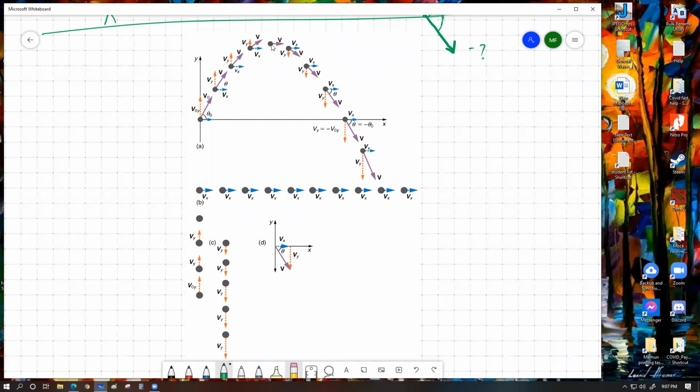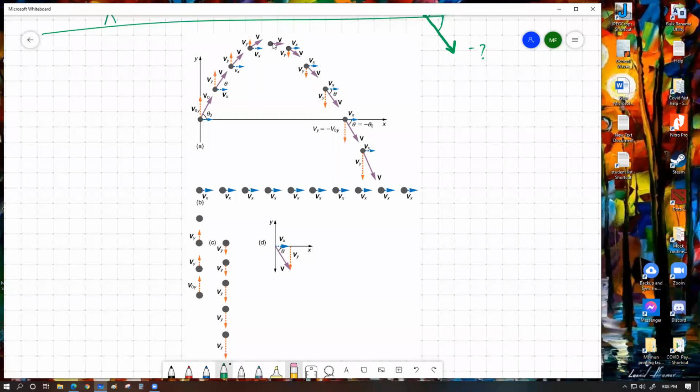This is the point of motion where the projectile has reached its maximum height. It means that it has come momentarily to rest vertically. It has just reached its maximum point of rise and is now about to fall down.